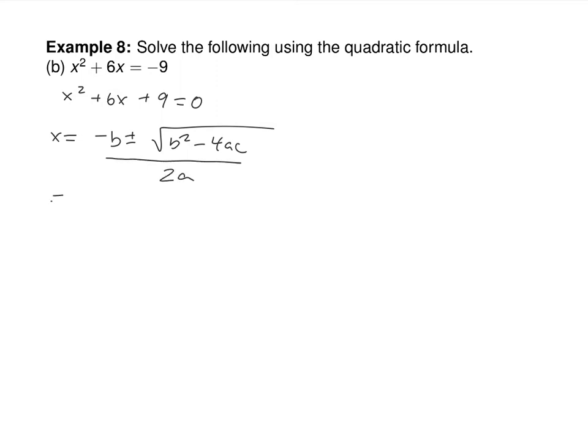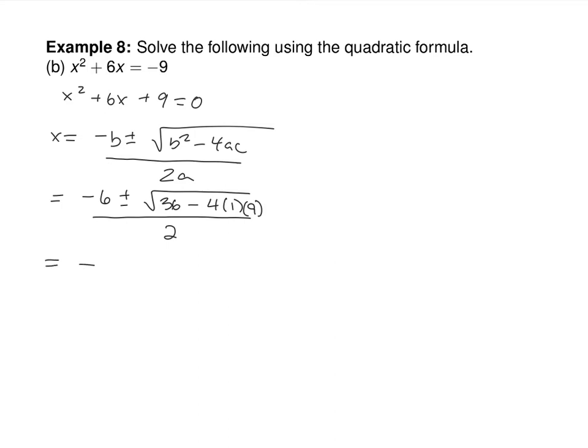Okay. So that's negative 6 plus or minus the square root of 36 minus 4 times 1 times 9, all over 2.